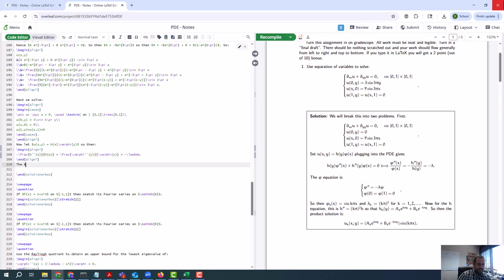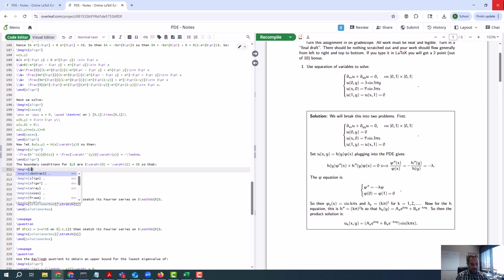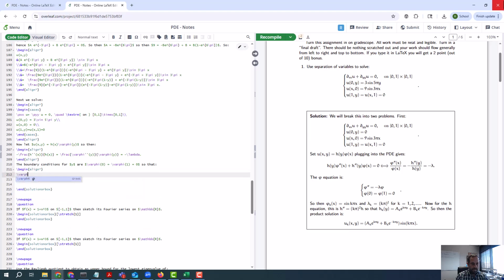The boundary conditions for y are phi of 0 equals phi of 1 equals 0, so that phi k of y is equal to sine k pi y.